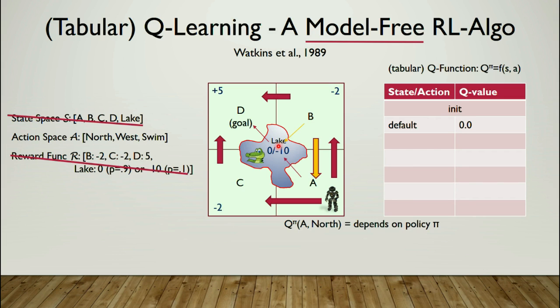It could go down to the lake, or it could go back to A and then to the lake, or it could go back to A and then to C and then to D, or it could go directly to D. But we don't know unless we know what the policy is, right? The only action that we have locked in is this north action, this very first action that we're going to take from this state. But we don't know what happens afterwards unless we know the policy. So that's why we write this pi here, because the Q value is always dependent on the policy.